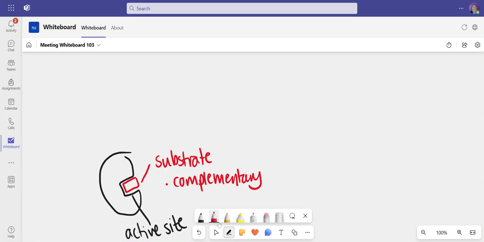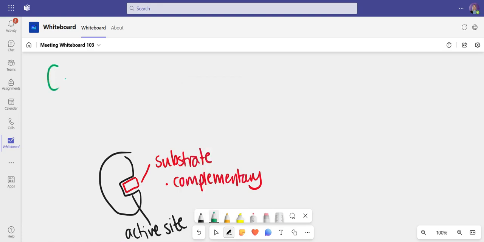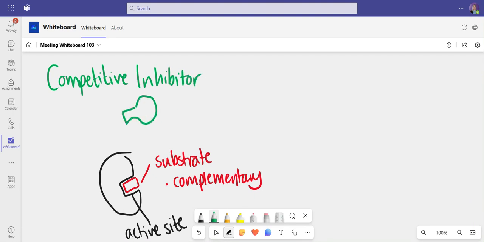Now, if I add to that something called a competitive inhibitor, the competitive inhibitor would have a shape that's similar to the substrate. So you can see that this section of the competitive inhibitor is going to bind to the active site.